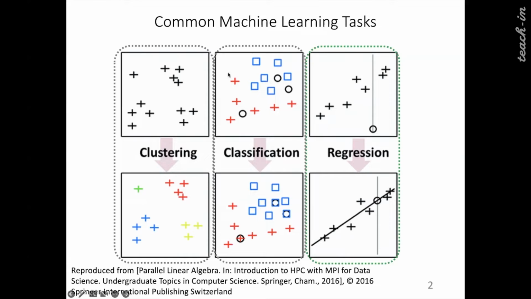We can perform classification. And again, if we have some data set, based on the analysis of this data set, we need to assign some new entries to classes that we have in this data set.